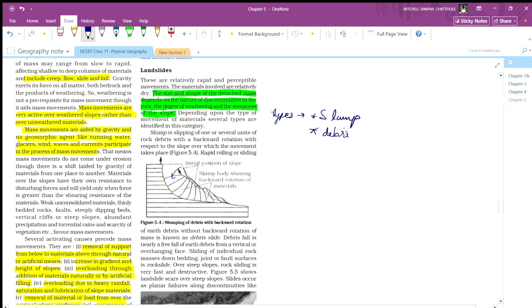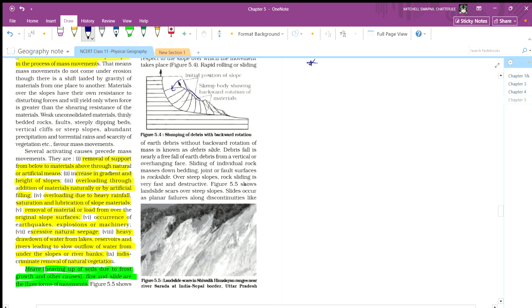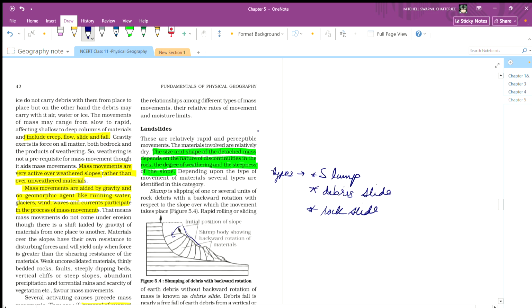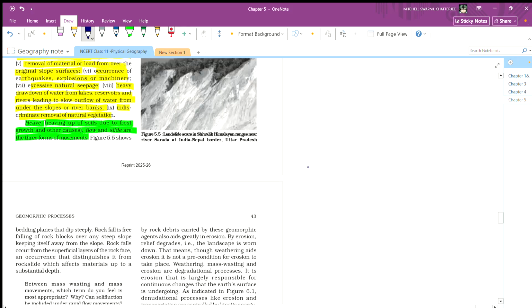And the sliding of individual rock bearing upon a surface, this is rock slide. So this all comes under a landslide.